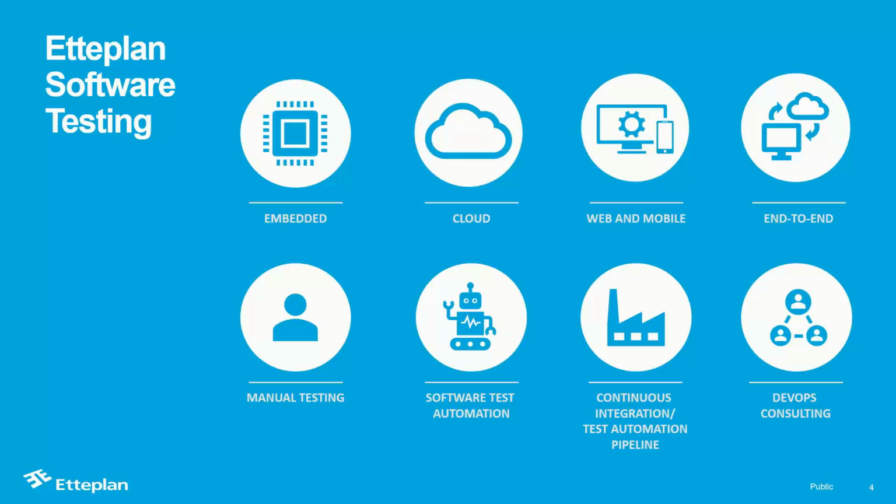Okay, so first a little bit about Etteplan. We are a multi-engineering company which employs over 3,500 engineers and designers, from mechanical engineers to full stack software developers. So basically the variation is quite big in which kind of people we employ.